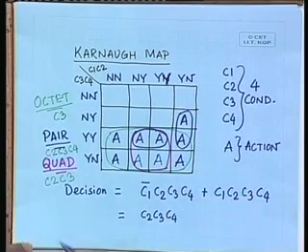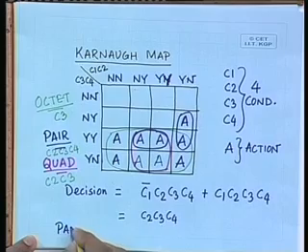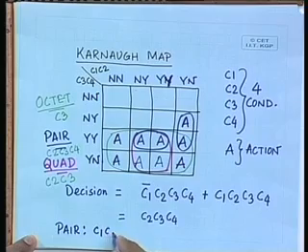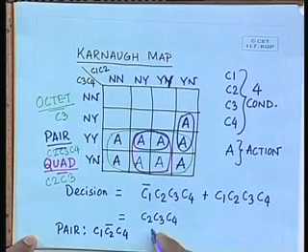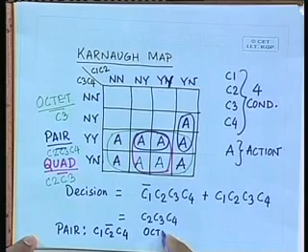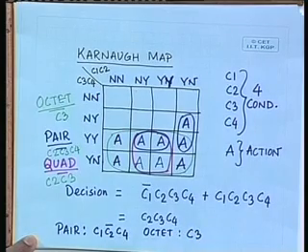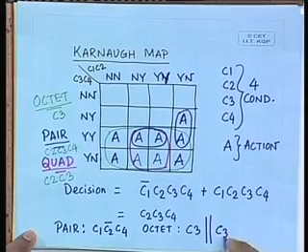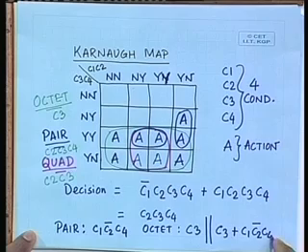Yes, the pair is C1, and the octet is C3. So the resulting decision is C3 plus C1 C2 bar C4.